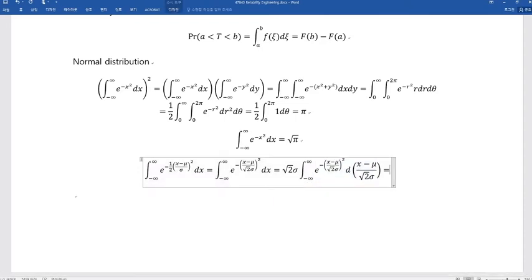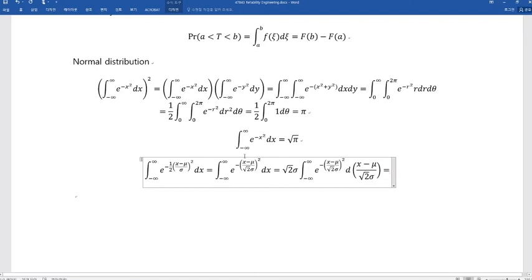So at this point, I would like to ask whether you are able to calculate the final result. Maybe you can substitute all these parts with another variable like t. So it becomes exponential minus t squared dt.